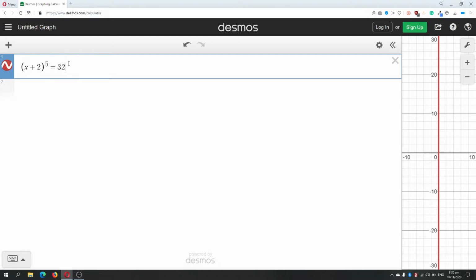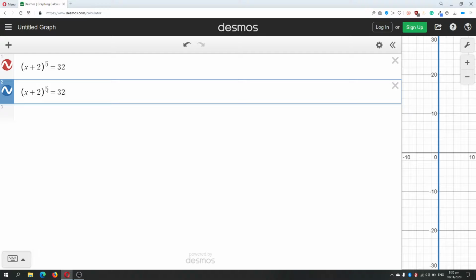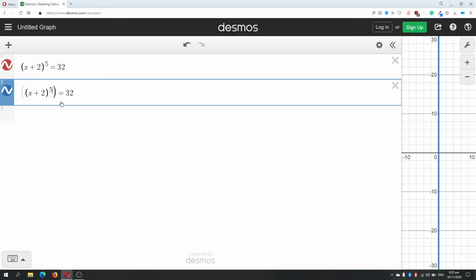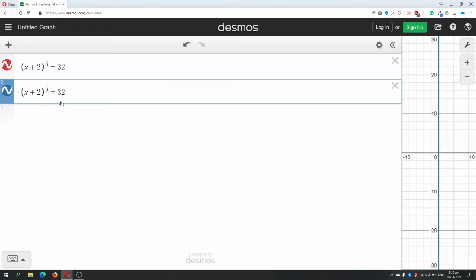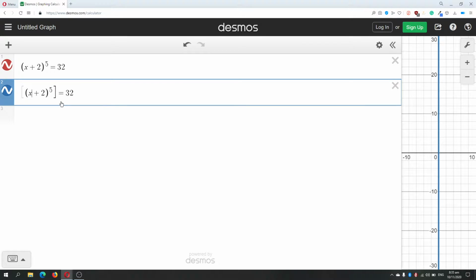So ang first na gagawin natin, kailangan matanggal natin yung ating exponent. So how can we remove our exponent? That is by applying also the reciprocal of the exponent. So paano ang reciprocal?